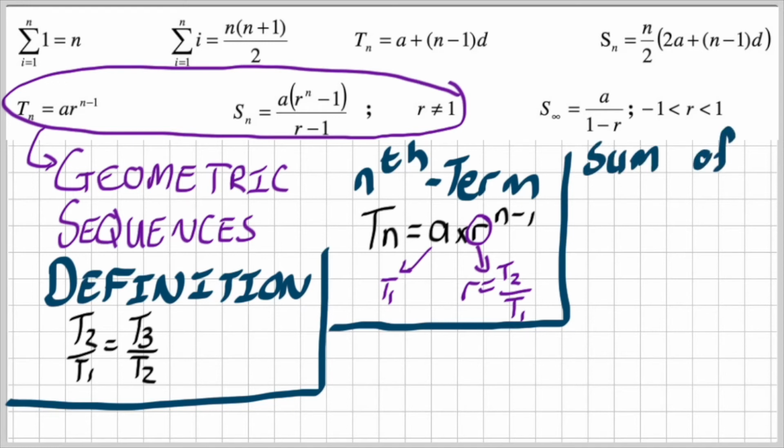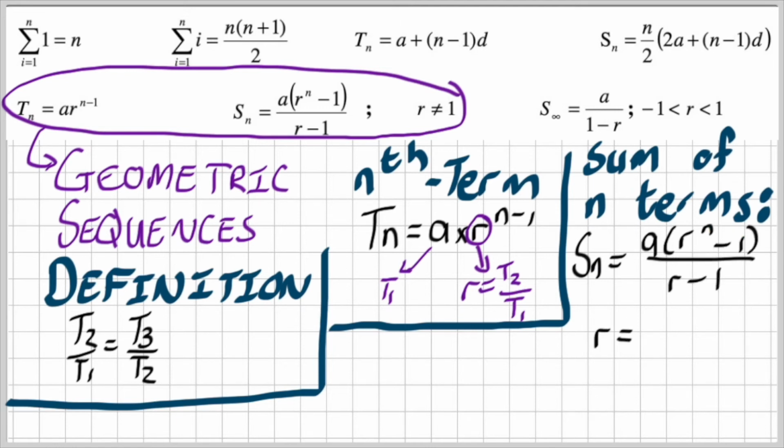Of course, there's now the sum of n terms. Again, remember that's the first n terms. But now they say a very interesting thing, where r is not equal to 1. Why do they specify r not equal to 1? Well, if I make r equal to 1, I get 0 in the denominator, which means undefined.